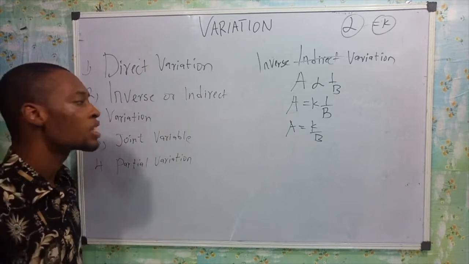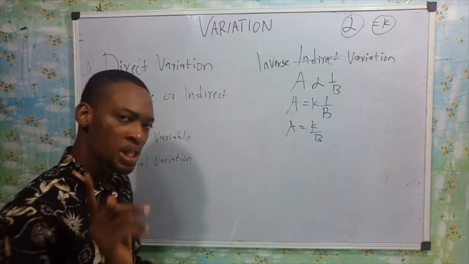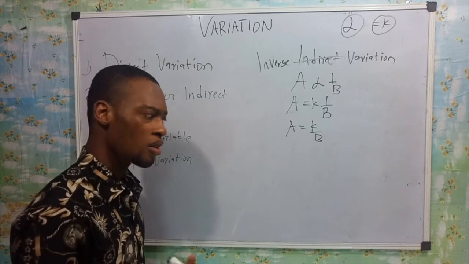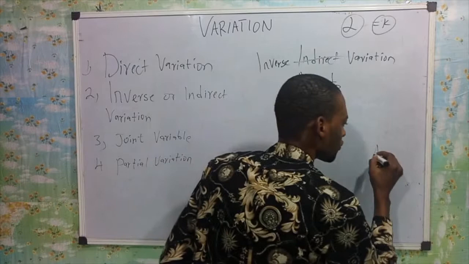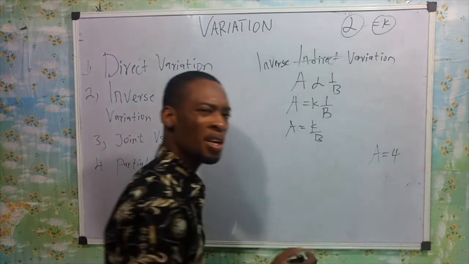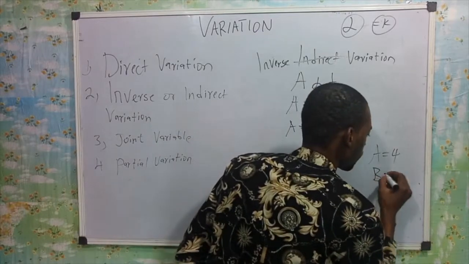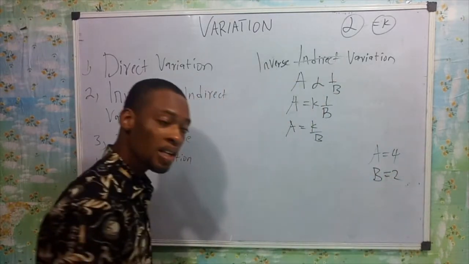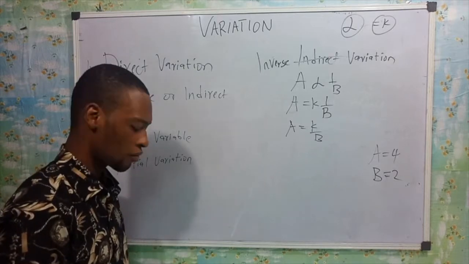For example, given the question, A varies inversely as B. When A equals 4, B equals 2. Okay? Then that's the first statement.